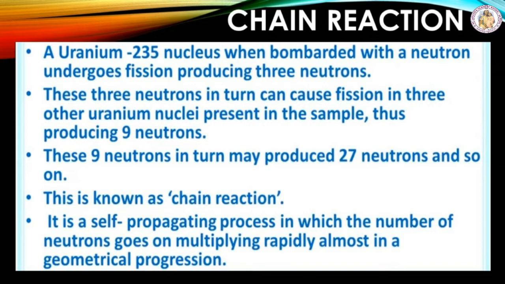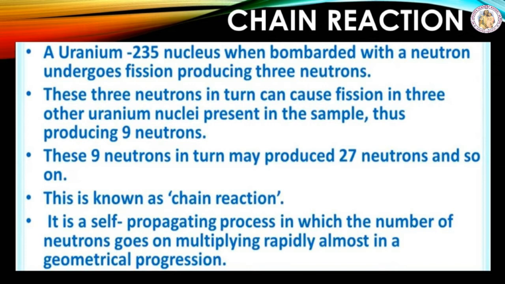Chain reaction. A uranium 235 nucleus, when bombarded with a neutron, undergoes fission producing 3 neutrons. We already know what the fission process is. A heavier nucleus splits into two lighter nuclei, at the same time releasing a large amount of energy with a few neutrons. These 3 neutrons in turn can cause fission in 3 other uranium nuclei present in the sample, thus producing 9 neutrons.